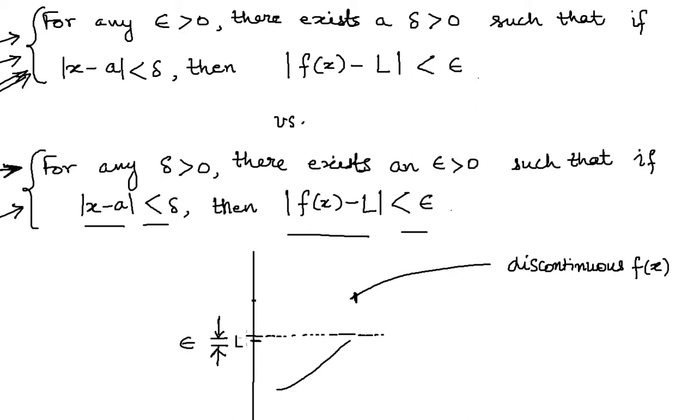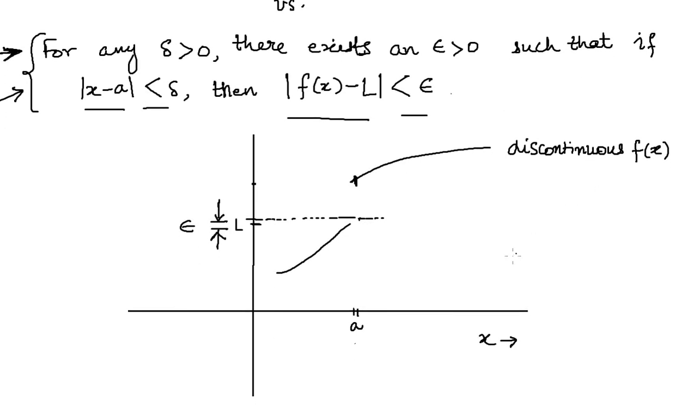I tried taking this epsilon, but there was no f of x found for this point. So I will not be able to find a delta, and hence for the discontinuous function the limit will not exist. However, of course it will exist for any continuous function.